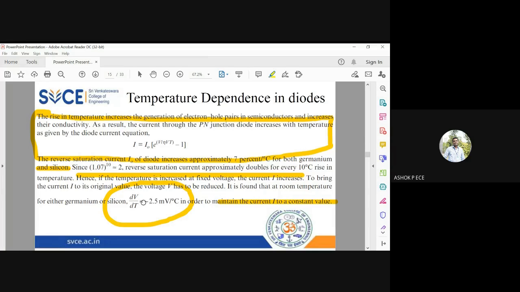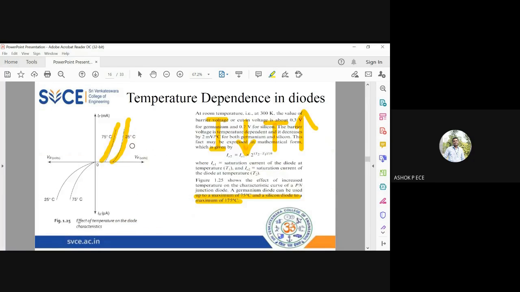So the barrier potential, the voltage applied across the diode, will decrease with temperature. So when voltage decreases, naturally current will also decrease. That effect is seen here, at 25 degrees and 75 degrees. You see how the variation in current is denoted here. The forward bias current is always going to be in milliamperes, and the reverse bias current will always be in microamperes.